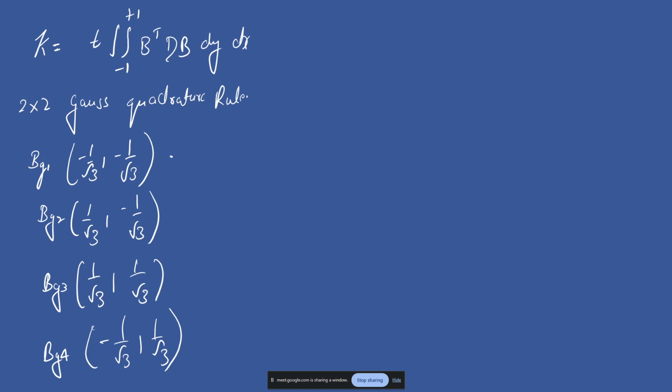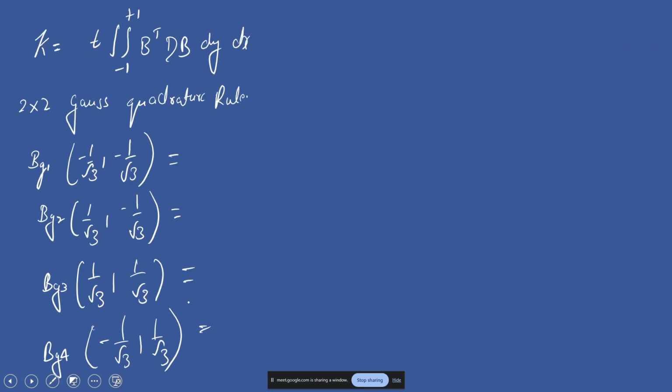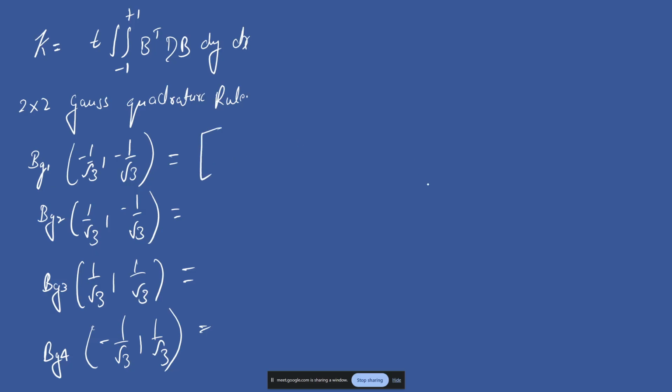Accordingly, you need to use the Gauss quadrature rule to evaluate your strain displacement matrices. Whatever you have written there, accordingly you have to calculate.